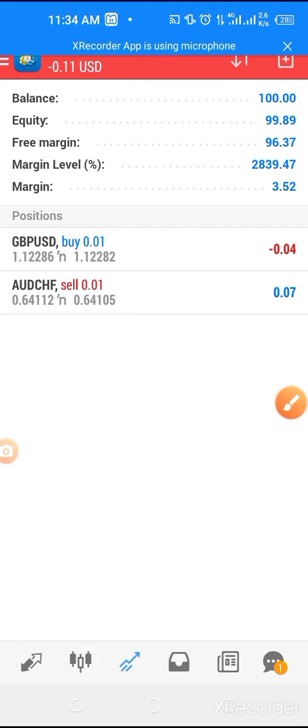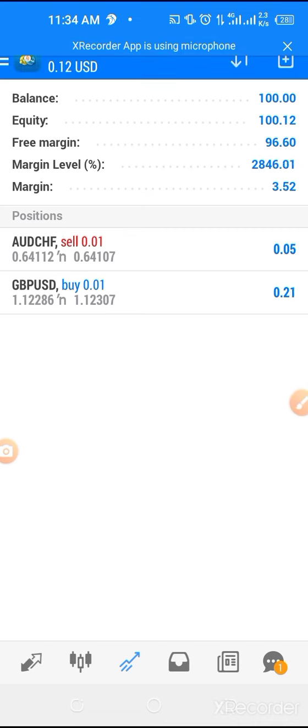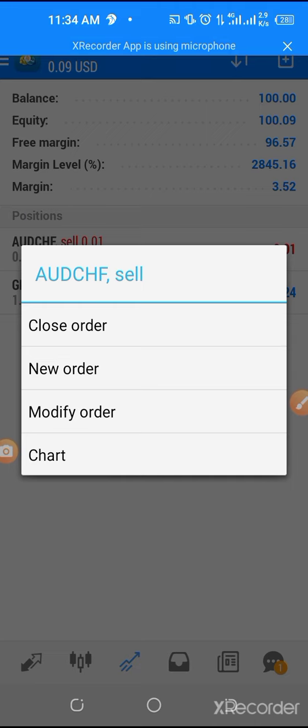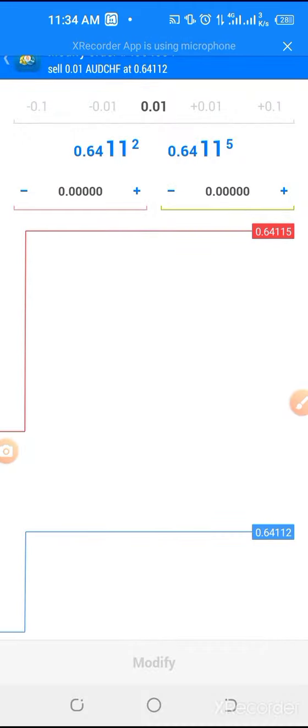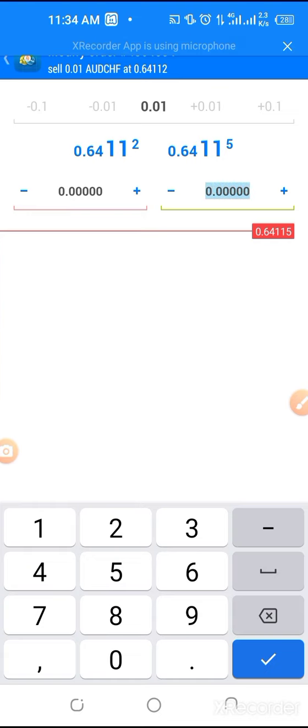Now, these are the two trades that we currently have running. What if I want to modify this trade? Let's say I want to close this trade, or I want to adjust my stop loss, or adjust my TP. All I have to do is press and hold on that AUD trade. For example, I can modify by clicking modify, so I can adjust the SL and the TP.